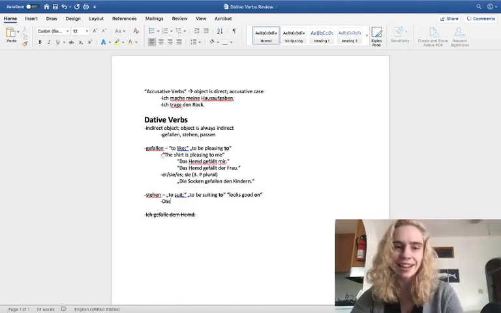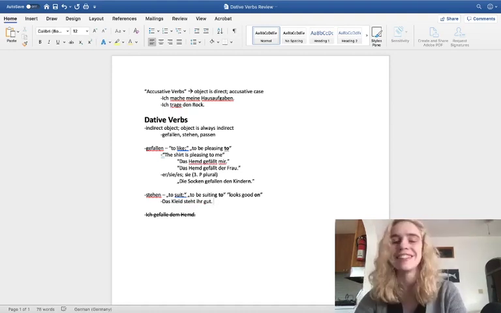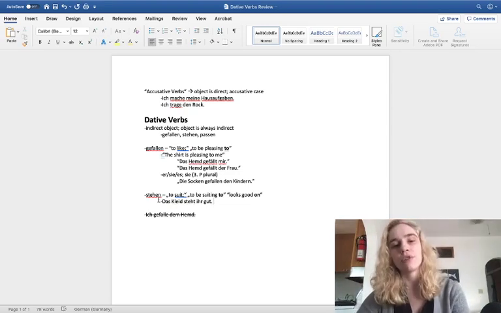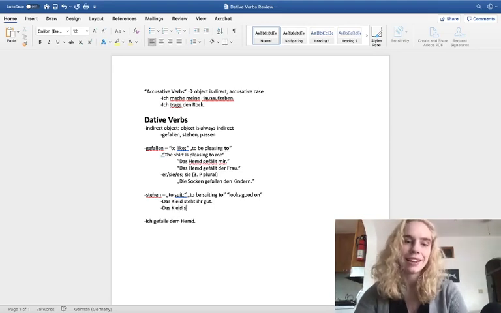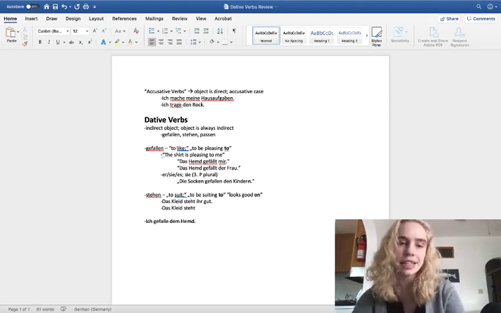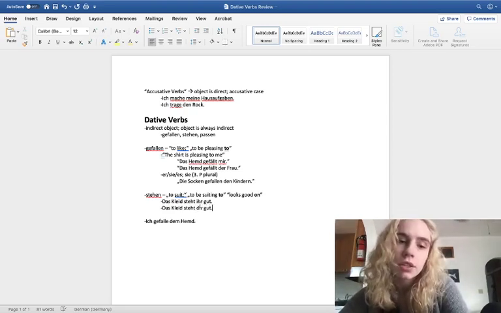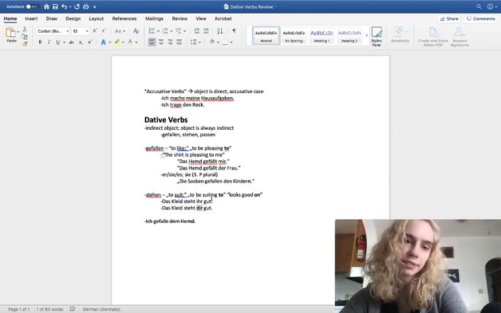So, das Kleid steht ihr gut. The dress looks nice on her. You know the Sufjan Stevens song, The Dress Looks Nice on You. This is the dress looks nice on her. I'm going to say the dress looks nice on you. Das Kleid steht dir gut. So, we have not dich, not du, but dir.